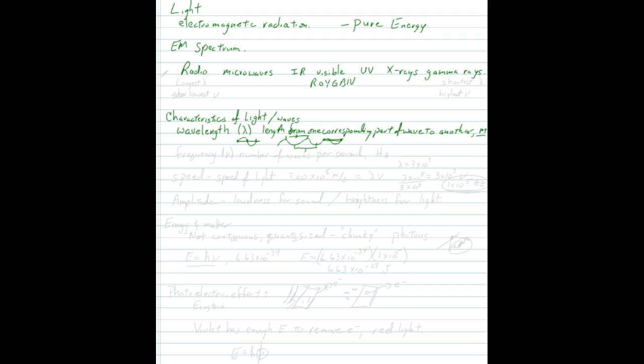Another characteristic of a wave is frequency. Frequency is abbreviated with the Greek letter nu. Some textbooks use F. Fortunately, we're doing nu, where the Greek letter N stands for number of waves per second.